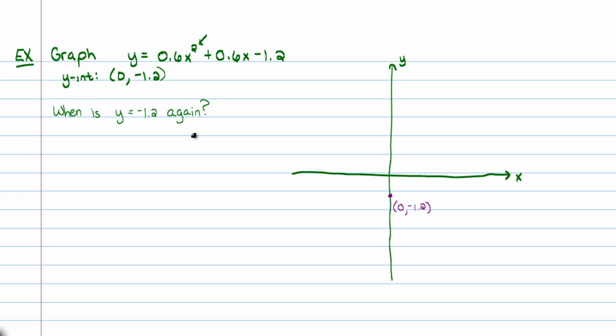Because that's the strength of this method: we know our parabola reached the height of -1.2, and because it's a U shape, it's got to reach that height again, unless this is a parabola which has a vertex on the y-axis, which it isn't. It isn't that type of parabola because we have this middle term here. So to answer this question, we're going to let y equal -1.2 in the original equation.